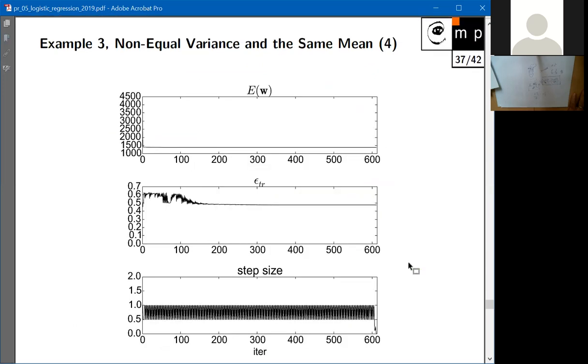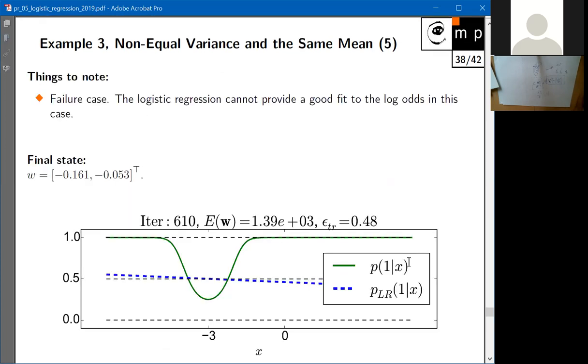So similar to maximum likelihood, if our assumptions are not correct, then we might or might not be lucky. And in this case, the linear log odds cannot lead to anything useful.